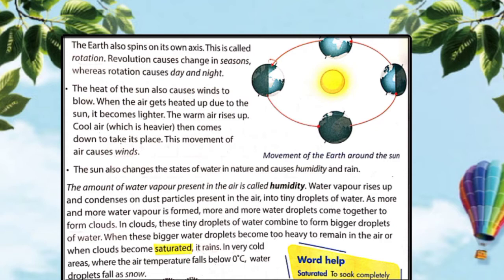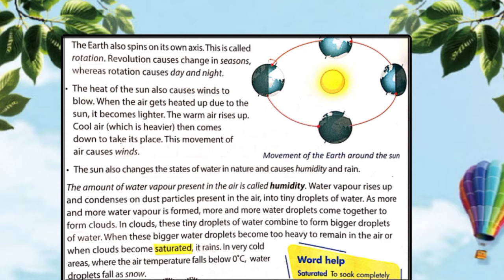The amount of water vapor present in the air is called humidity. Water vapor rises up and condenses on dust particles present in the air into tiny droplets of water.